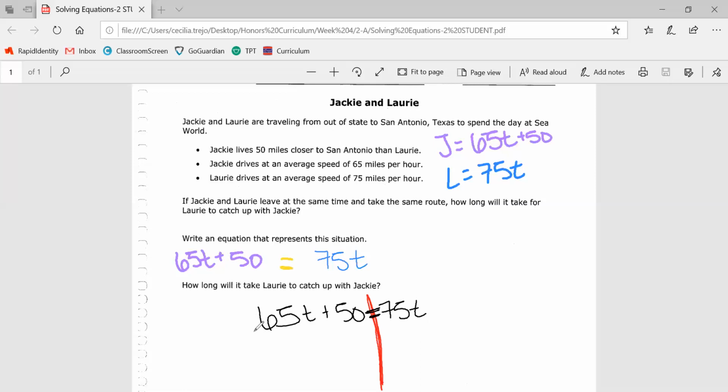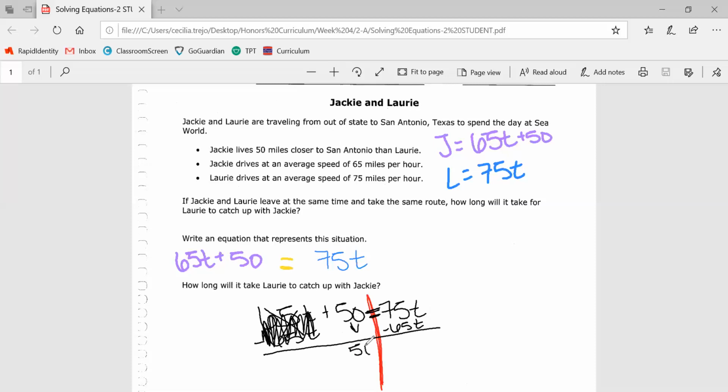All right. So it's a positive 65, and we always have to do the inverse or the opposite. So that means we will subtract 65 on both sides. 65 minus 65 gives us 0, which is what I want. I want this to cancel out.